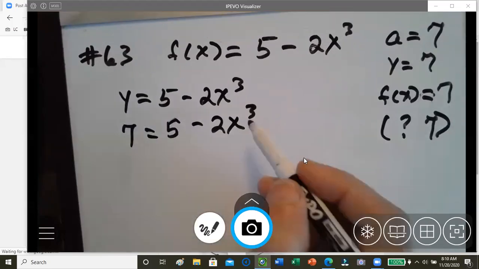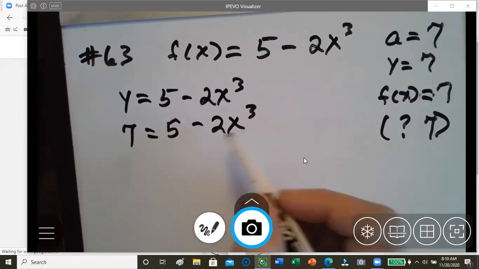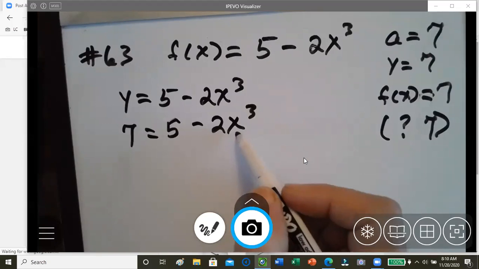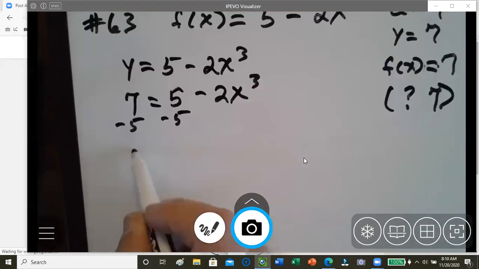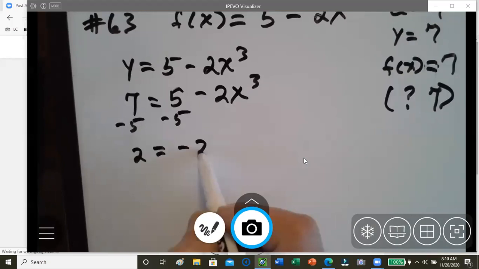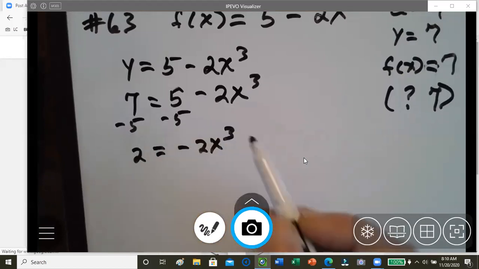Now for here, there's only one x value, x cubed, so we don't need to apply the calculator. We can just apply minus 5 to both sides, and we get 2 equals negative 2x cubed.